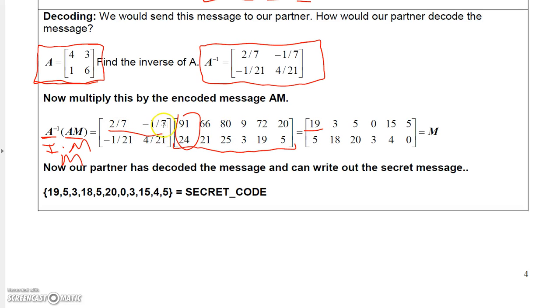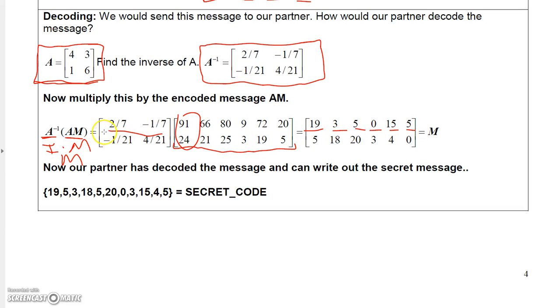Then this row by this column should give me 3, and this row by this column is going to give me 5. Then this row by this column is going to give me 0, then 15, and then 5.